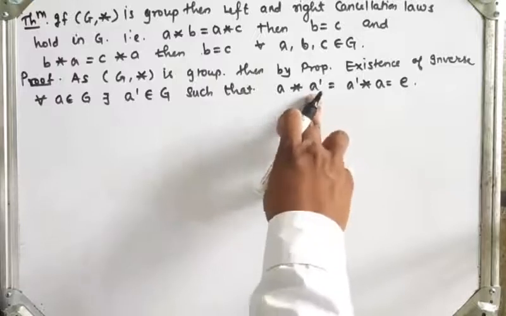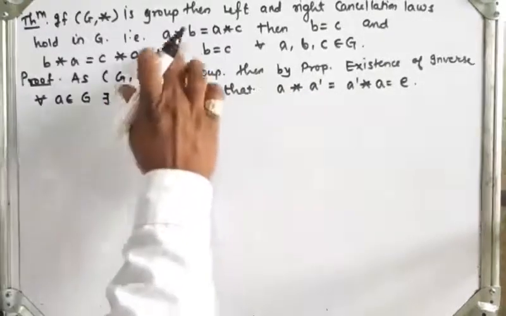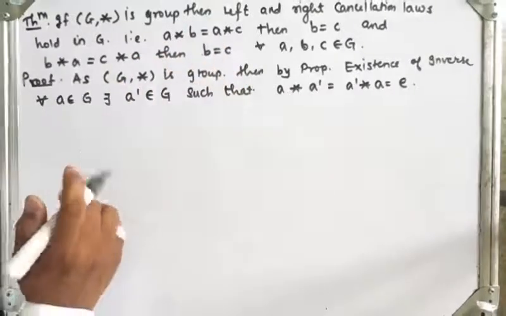So we say that A dash is an inverse element of A. Here we are given A star B is equal to A star C.